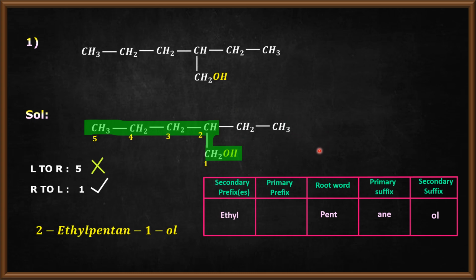So the name of this compound is 2-ethylpentan-1-ol. Here you can observe E has been dropped from the primary suffix because it is followed by the suffix beginning with O.